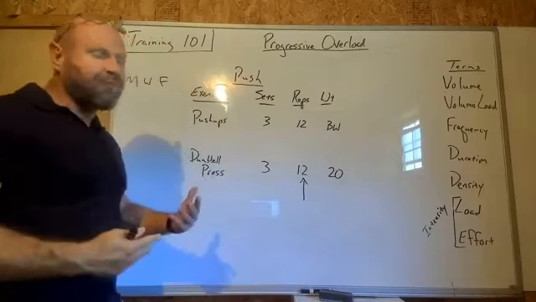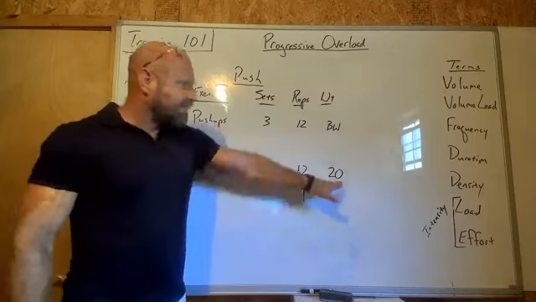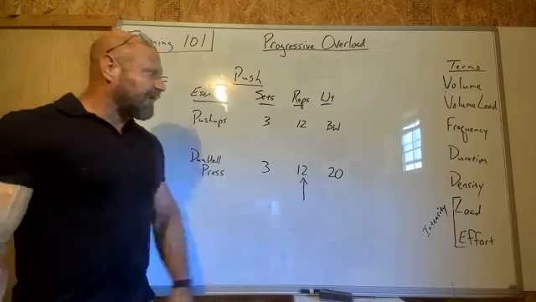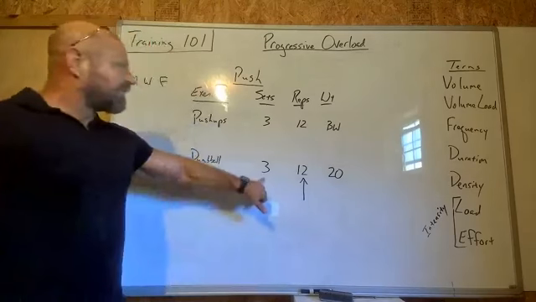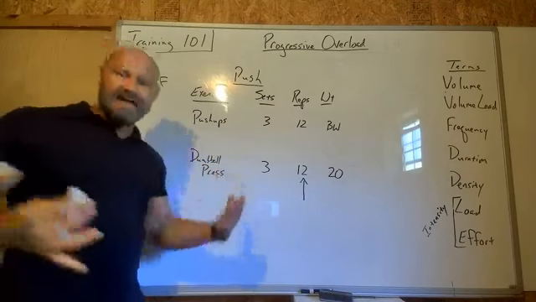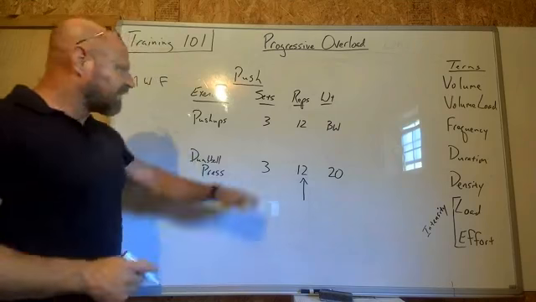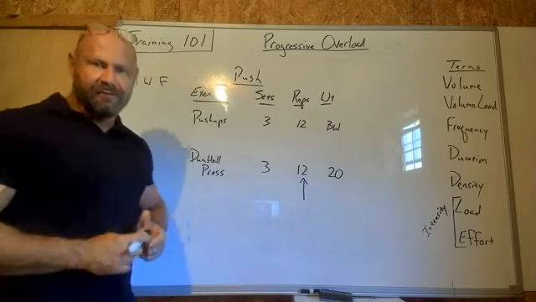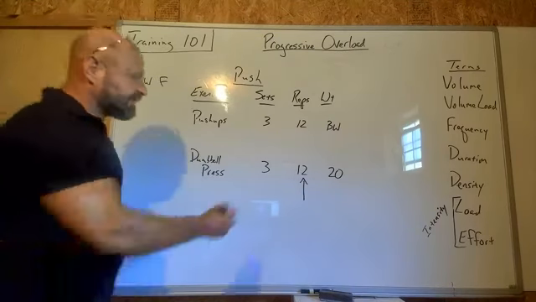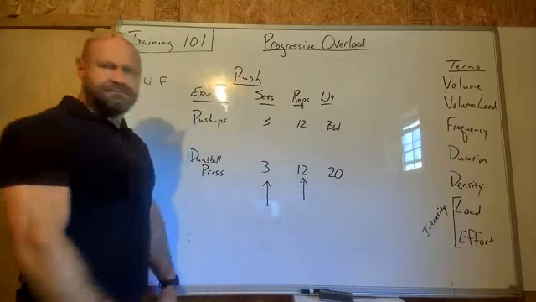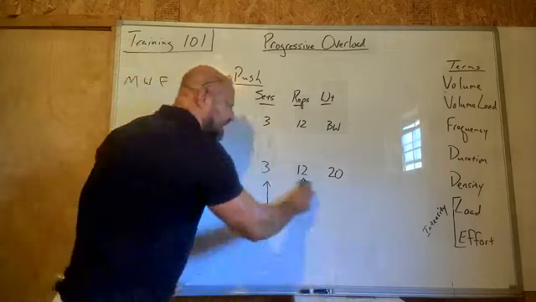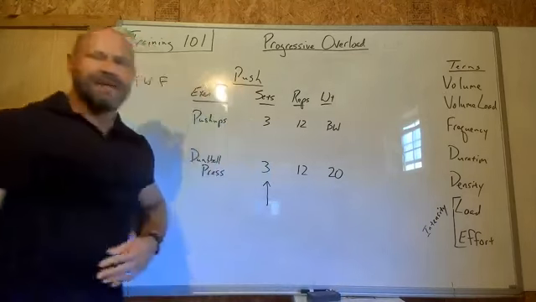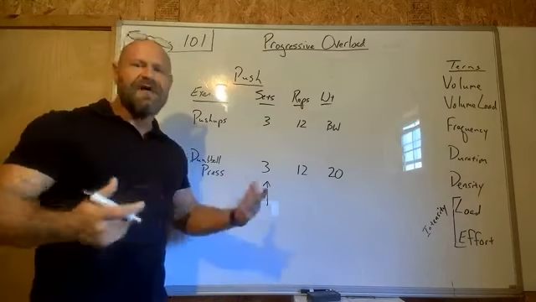There's a couple different ways we could progress this. We could add weight to the bar. We could come out and do more reps. Well, we could also progress it by sets. We could add sets. Right? So I'm doing 3 sets of dumbbell press this week. Well, maybe in a couple weeks, I add 1 to it, and I'm doing 4. And then maybe after a couple weeks of that, I add another 1 to it, and I'm doing 5.